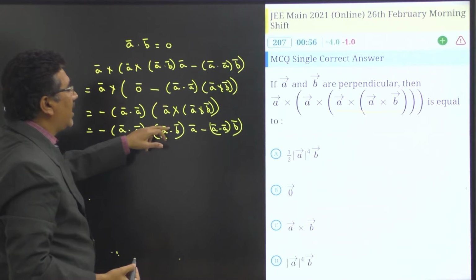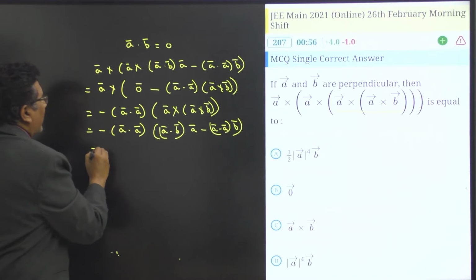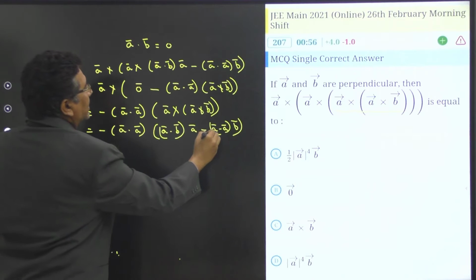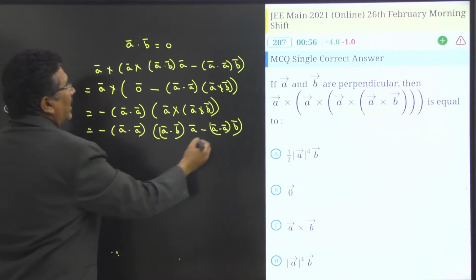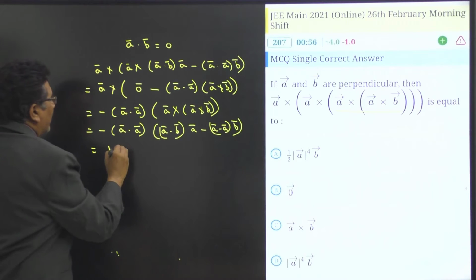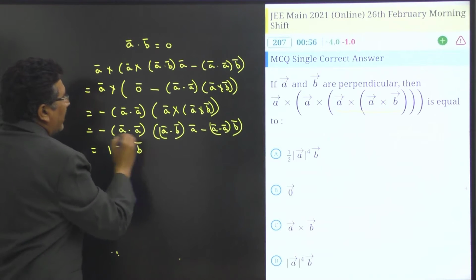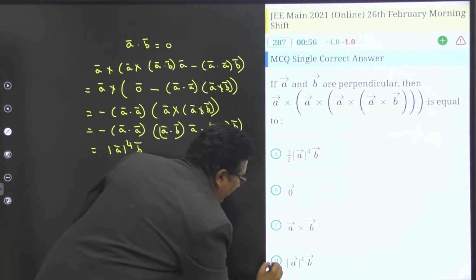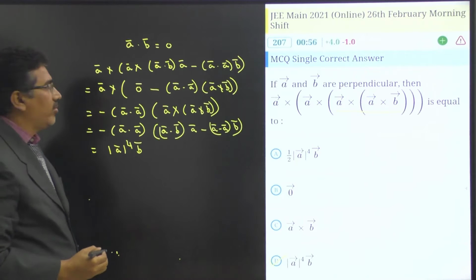That is equal to minus A bar dot A bar minus A bar dot A bar. This is mod A bar square, this is also mod A bar square. That is equal to mod A bar whole power 4 into B bar. So the answer is the fourth option, mod A whole power 4 into B bar.